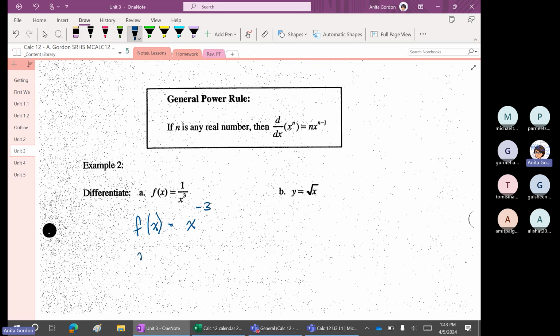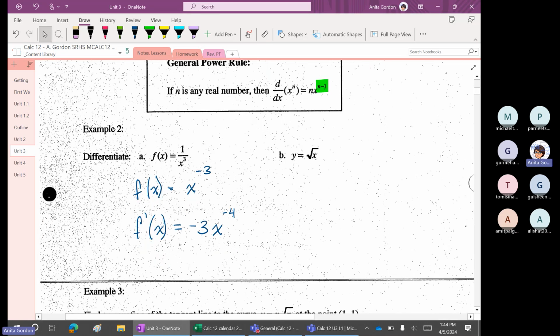Okay, now I can see very easily what is f prime. So bring the exponent down, -3, x to the power of -4, right? N minus 1. -3 minus 1 is now -4. And you can leave it in this form, or you can write it as -3 over x to the power 4. Either way is fine.